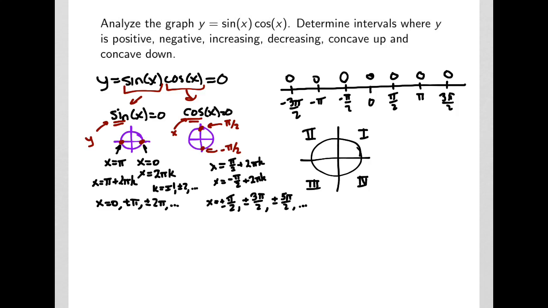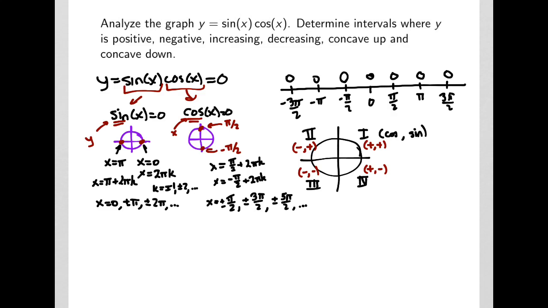And so if I remember that the cosine is always the x-coordinate, and the sine is always the y-coordinate, then in each quadrant I can identify that the coordinates are either positive or negative, negative, negative, or both positive. And I can now determine the product is going to be either positive or negative.